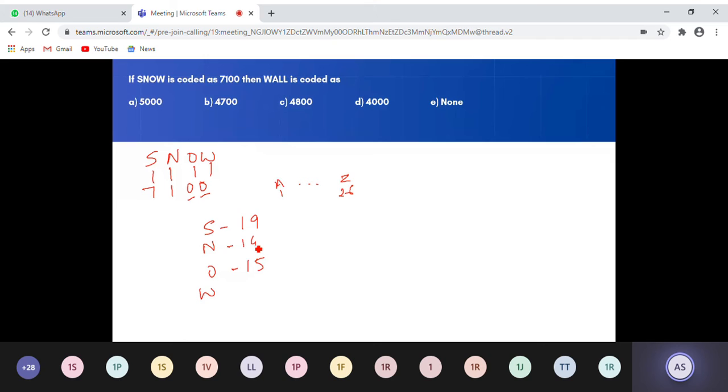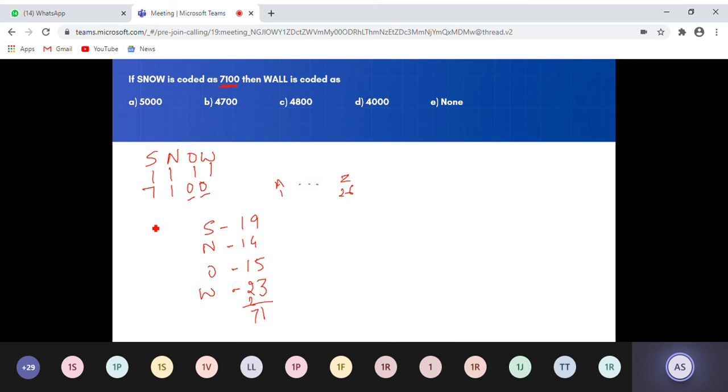So once you know N minus 2, then W will be the 23rd alphabet. Add up all of this, 5, 21, and then it will be 71. That is what is written as 7100 here.